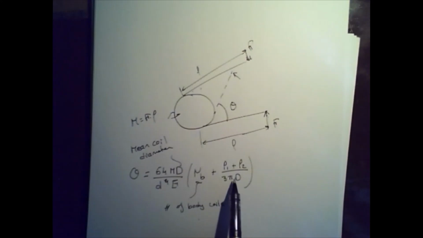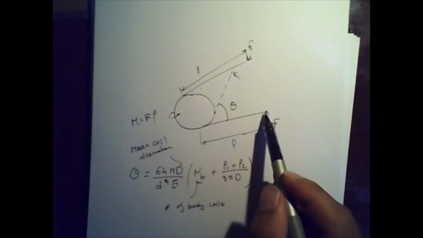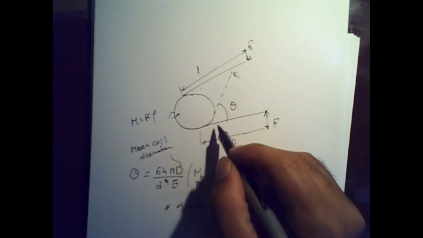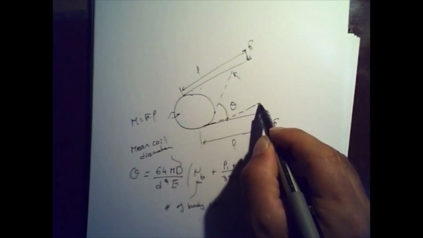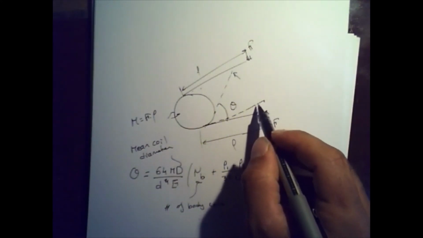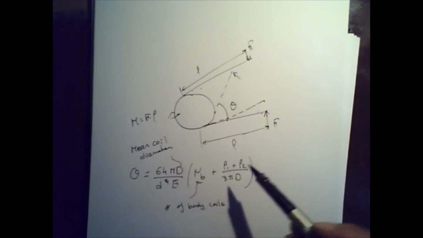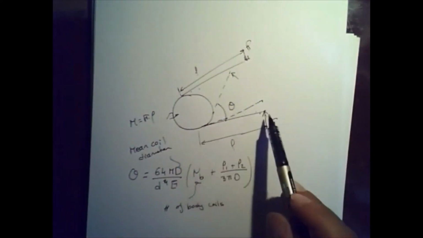This is needed to take into account the fact that these legs will actually deflect. When you apply a force, let's say this leg was fixed, then this leg itself is going to deflect like that. So by incorporating L1 plus L2, we mean that this leg is deflecting and this leg is deflecting.